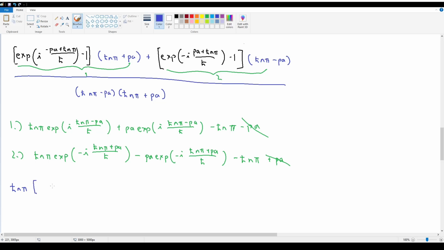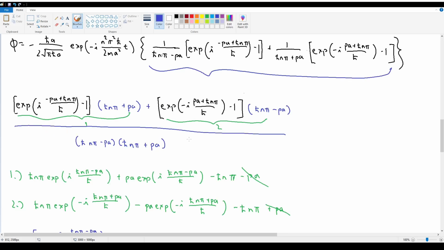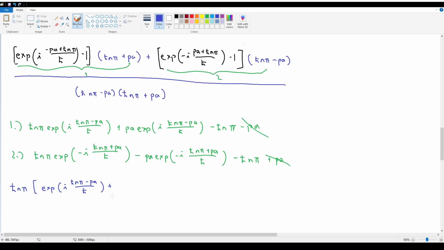So that way we get exp of i h bar n pi minus pa over h bar, plus, because these are adding together, right? Yeah. Plus exp negative i h bar n pi plus pa over h bar, like that.